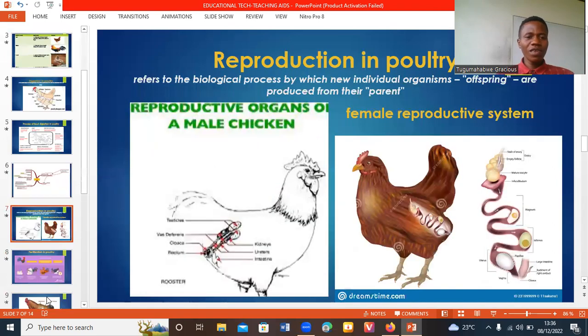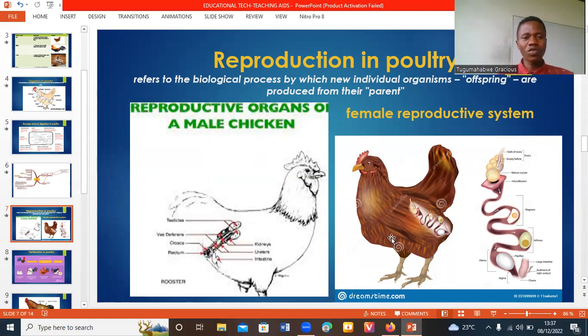We go to the next thing, reproduction in poultry. Reproduction is referred to as the biological process by which individual organisms or offspring are produced from their parents. So these are two diagrams illustrating exactly where that part is found, and the student will understand the reproductive organ that is involved.